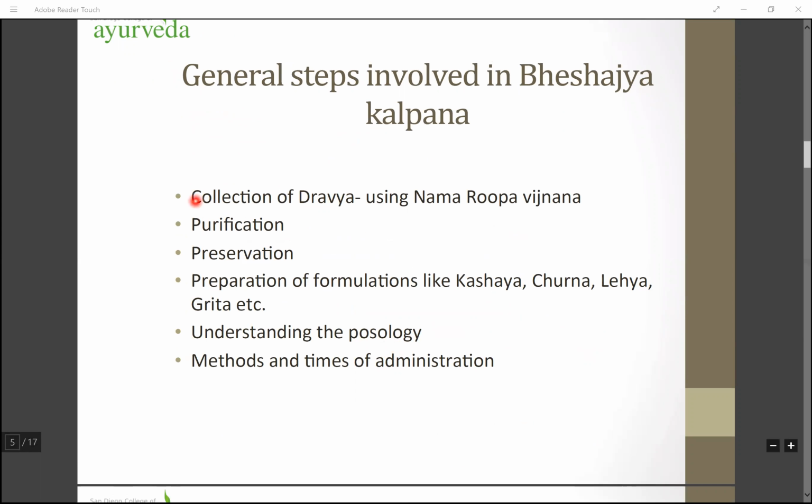First and foremost is collecting these dravyas. So you use your knowledge in Dravya Vijnaniyam, where you know what the different dravyas are. You know the rasa, the guna, you know what karma it does, you know the virya, you know the vipaka.